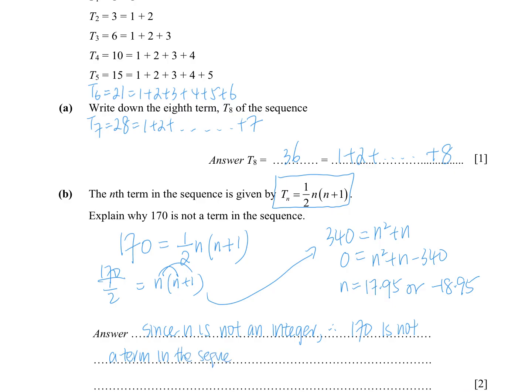Because we cannot have the 17.95 term. It's either the 17th term or the 18th term. Okay? So must prove that it is not a whole number.